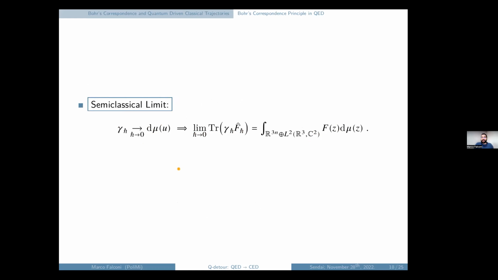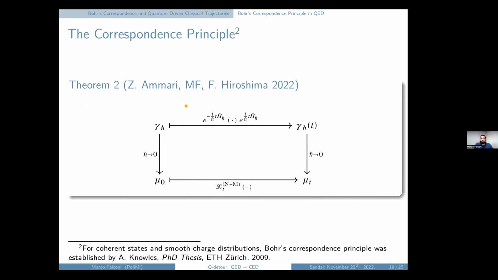Okay, and by exploiting this convergence here, we are able to prove the so-called correspondence principle.